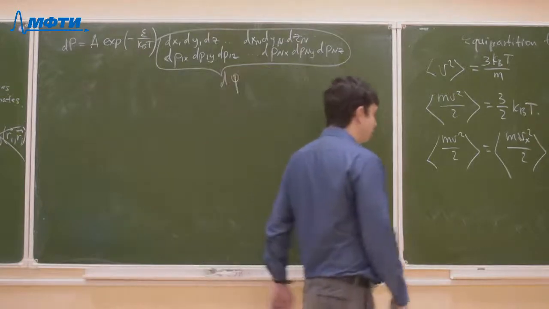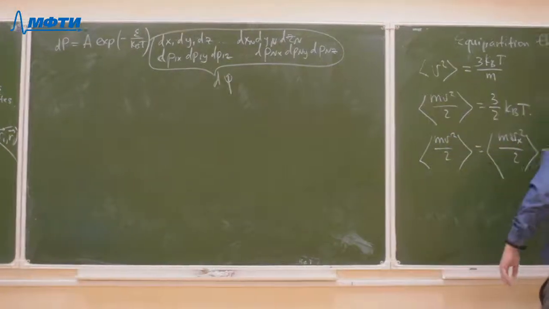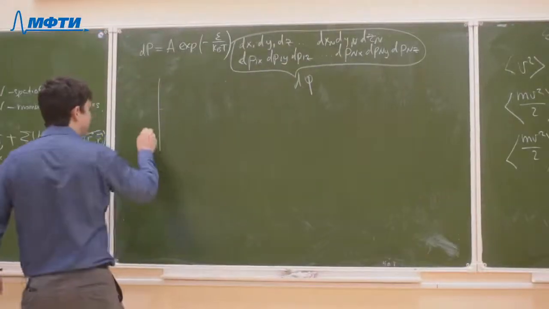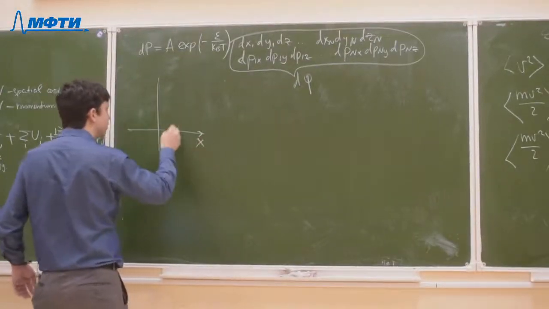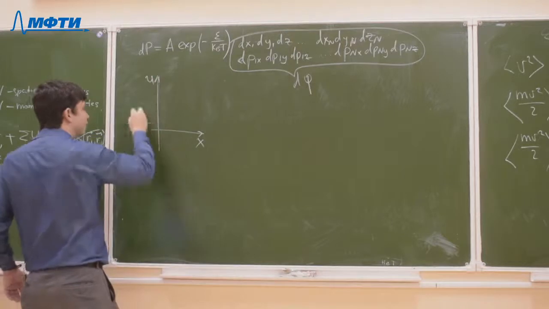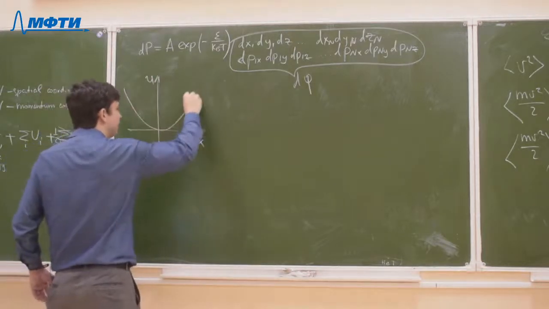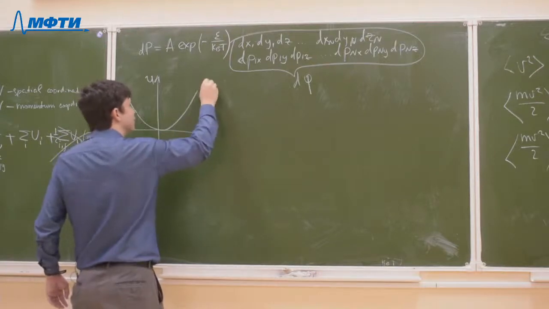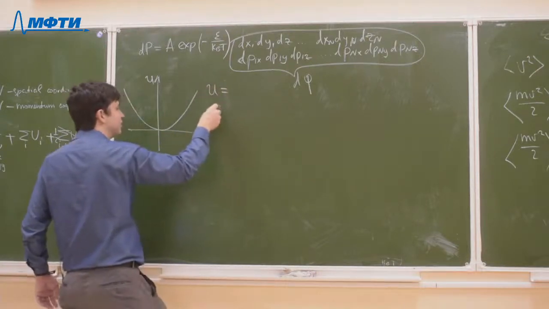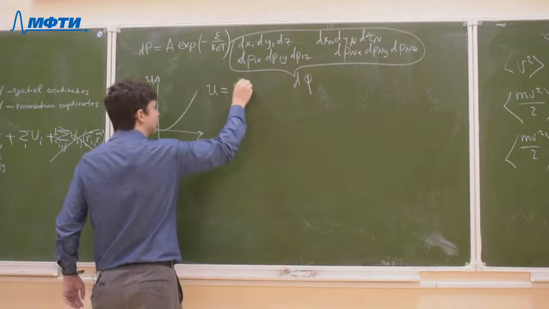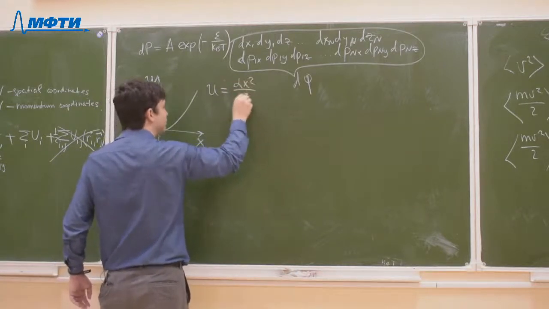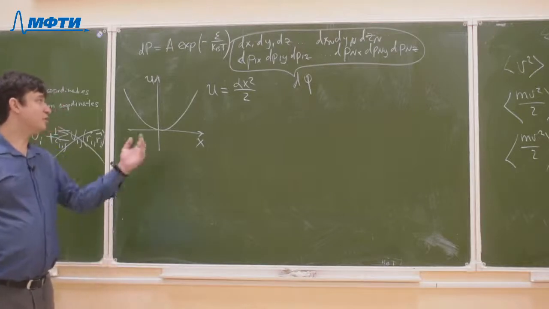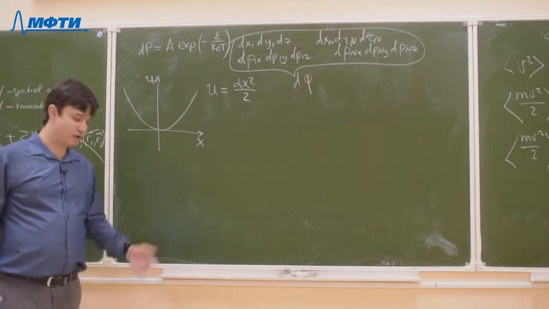Here, let's assume that our molecule is located inside a potential well, and the energy in this potential well is described by the following function, which should be familiar to you, because this function is the potential energy of a spring.